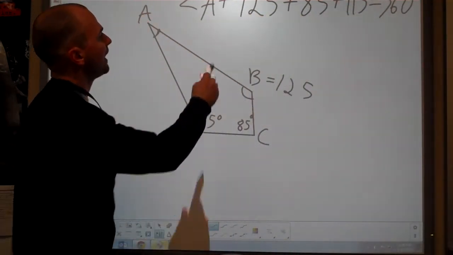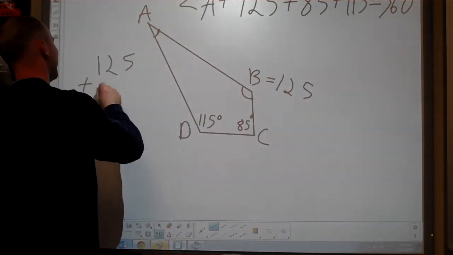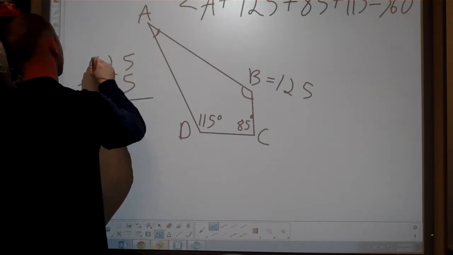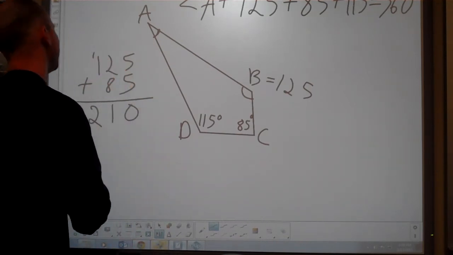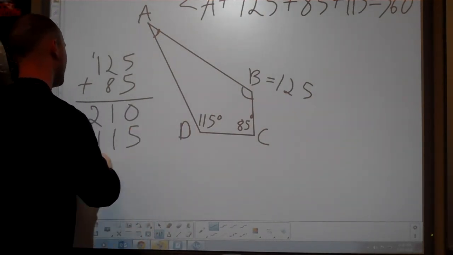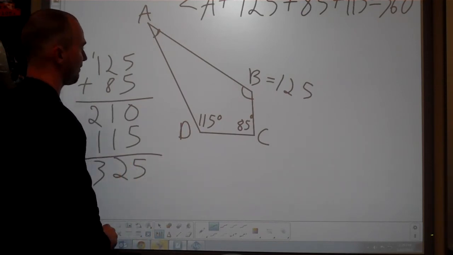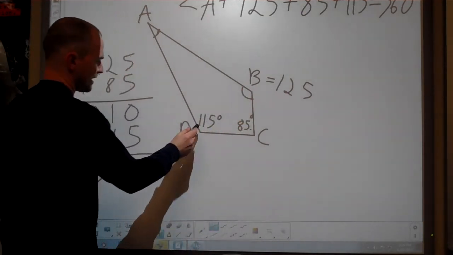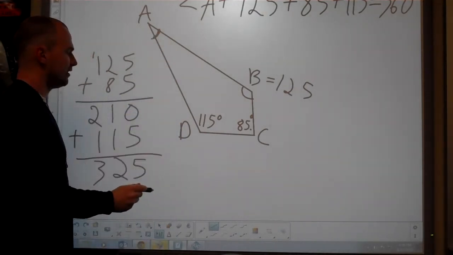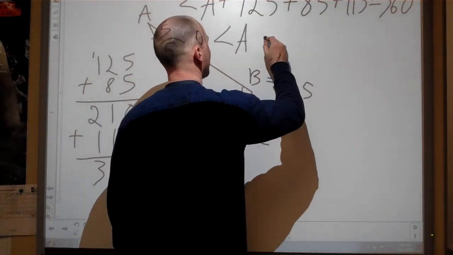So, if I add these up, 125 plus 85 is 210, plus the 115, 210 plus 115 gives me 325. So these three angles add up to 325, and I know with this angle A, they're all going to add up to 360.